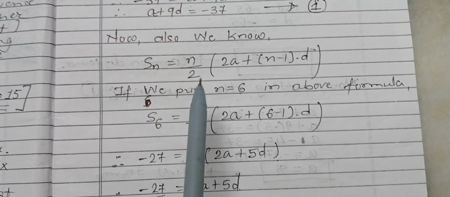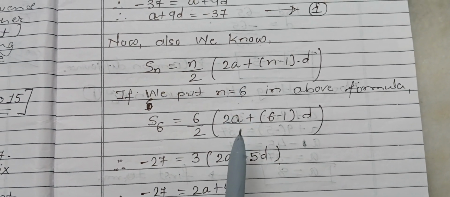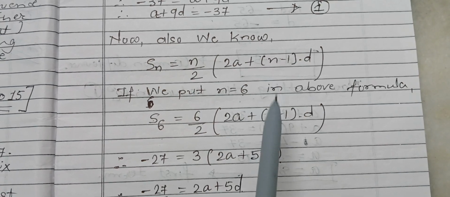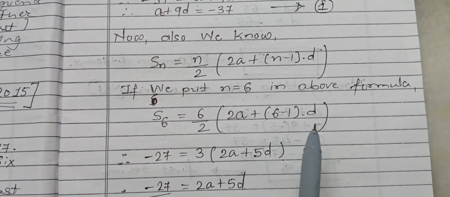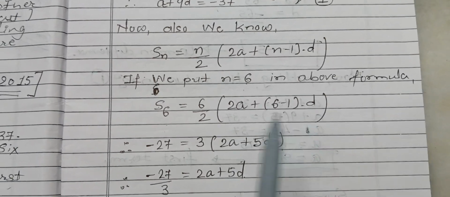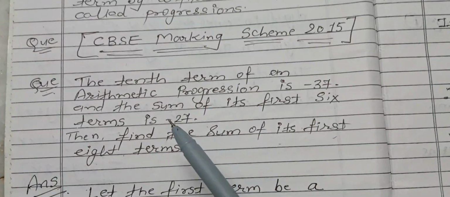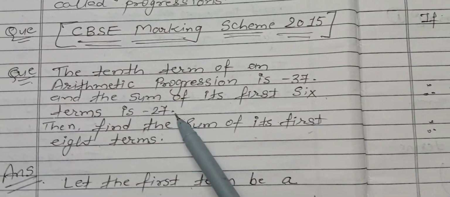So n is equal to 6. S6 is 6 by 2 into 2a, a is still unknown to us, plus 6 minus 1 into d, d is unknown to us. S6 is minus 27, this is given in the question. The sum of its first 6 terms is minus 27.